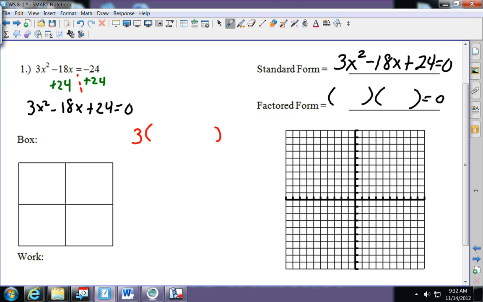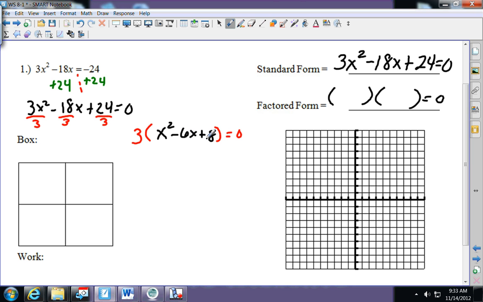Now let me write what's left. 3x squared divided by 3 is x squared, because remember we're dividing each term by 3. Negative 18x divided by 3 is negative 6x. 24 divided by 3 is 8.